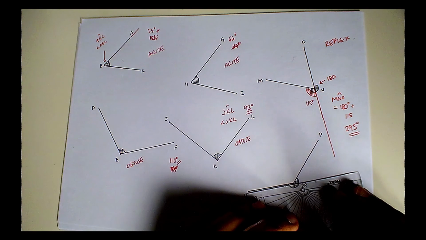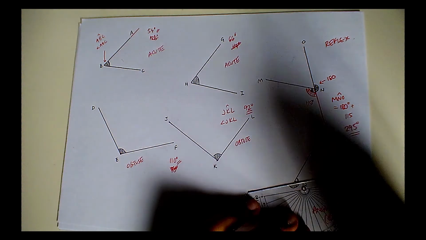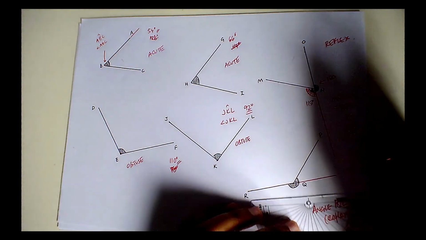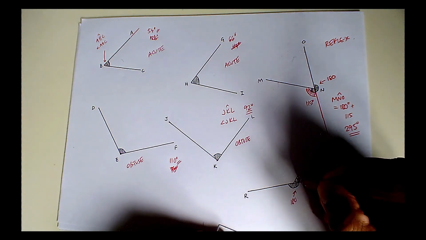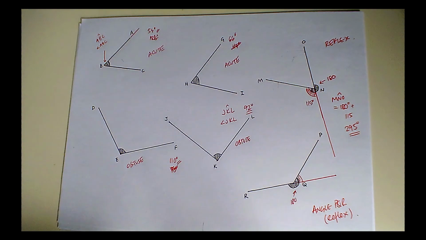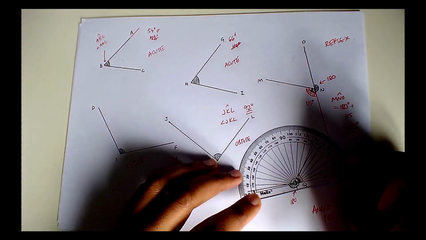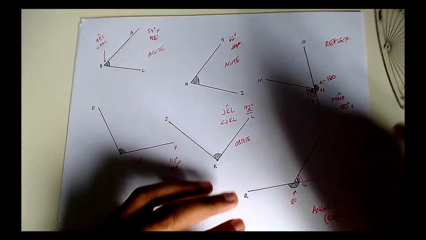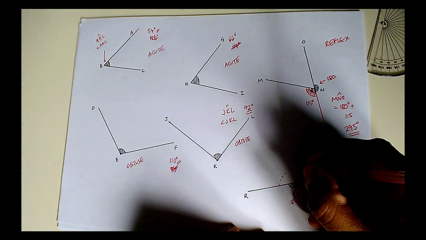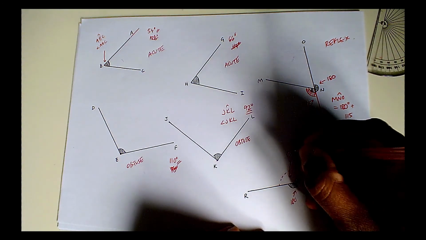I could join one of the lines and make it into two angles, so split this reflex in. That's going to be 180, and then all I need to do is measure what this angle here is, and I can then work that out. An alternative would be to actually measure the angle that I don't want, which in this case is 135. So this angle here is 135 degrees.